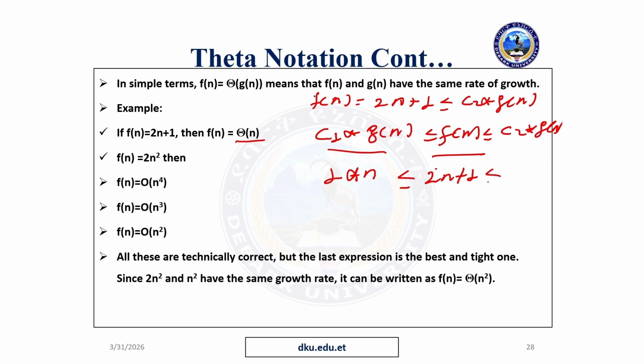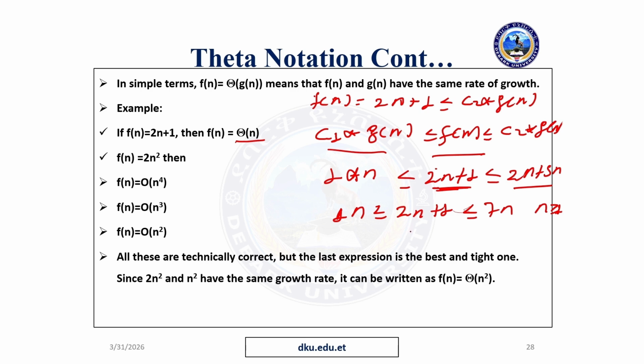On the right side, we should write a function that is greater than this one, so 2n plus 5n, we can consider this. So 1n is less than or equal to 2n plus 1, which is less than or equal to 7n. This is true when the value of n is greater than or equal to 1.